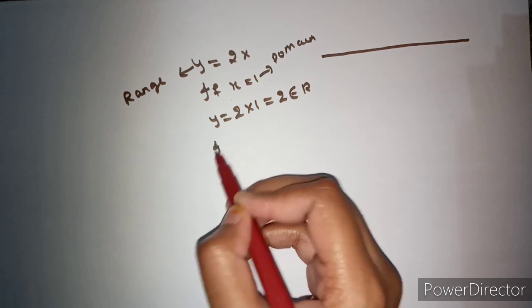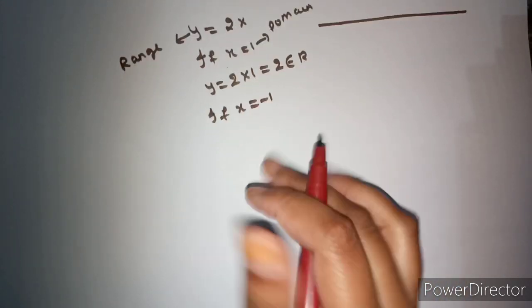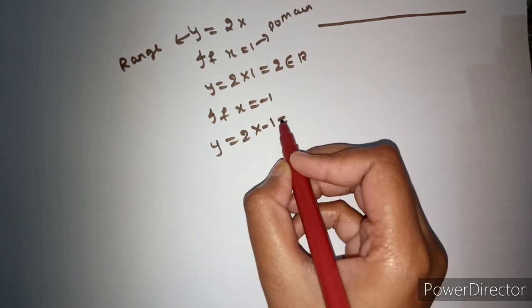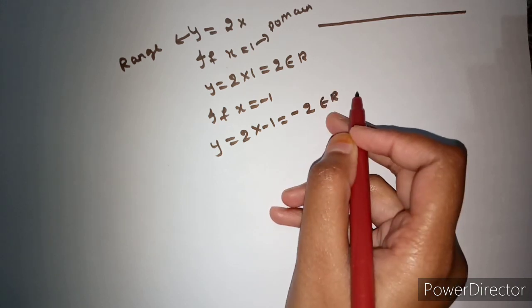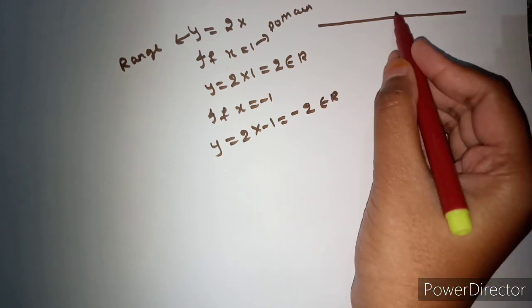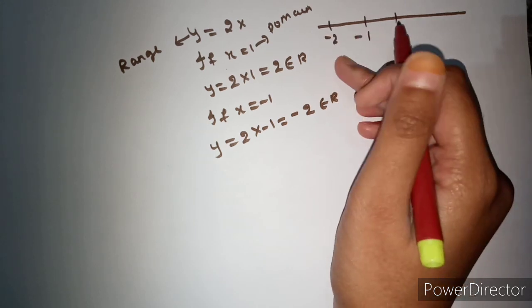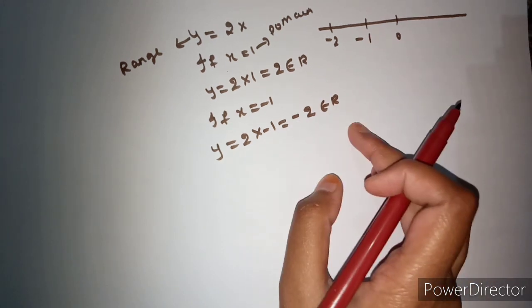If I take x as minus 1, y is equal to 2 into minus 1. Plus into minus is minus, 2 ones are 2, so minus 2 also belongs to real numbers, right? We can plot minus 2 on the number line.